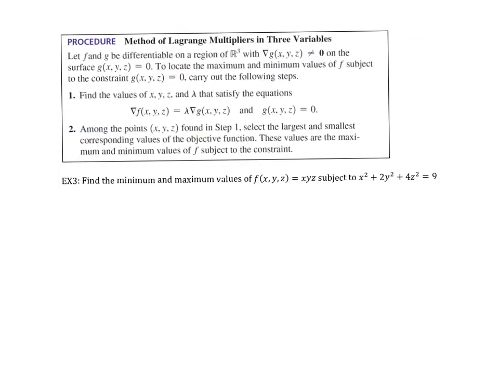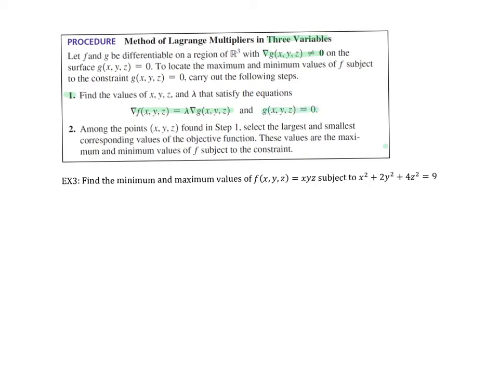We can also use this idea of Lagrange multipliers for functions of 3 variables, but our equations are just going to get a lot larger. We have more equations, more variables, more algebra. So again, provided that the gradient vector of our constraint function is not equal to 0, then we would, 1, set the gradients equal to each other. They will differ by a lambda.